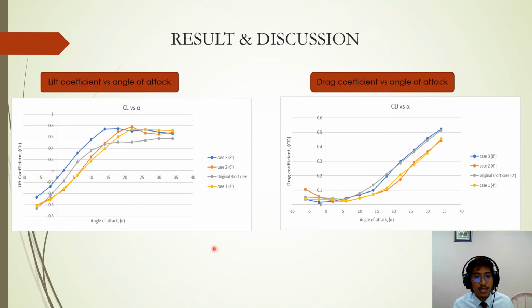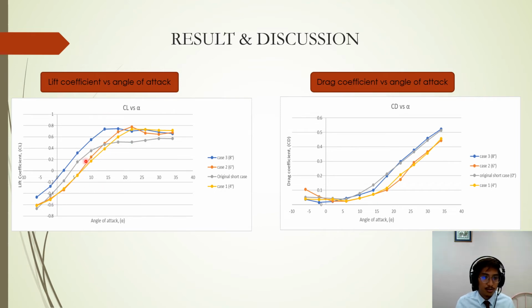As you can see, the original short case, which has a 0 degree twisted angle, had the lowest lift coefficient compared to the other cases which have a twisted angle.